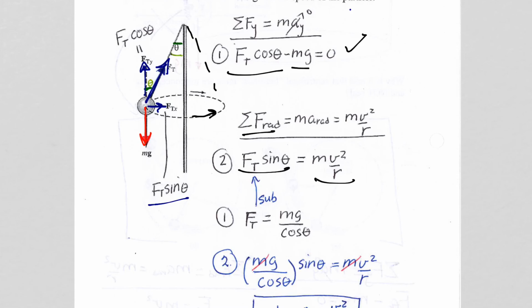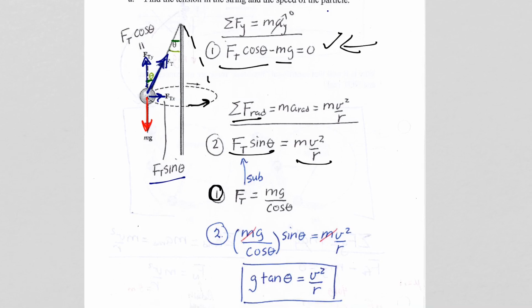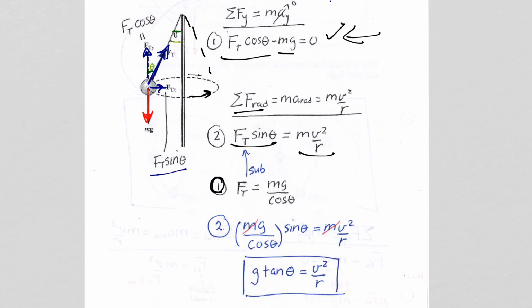So to look at how we would analyze this system in terms of the parameters for designing a tetherball type of system, we are going to take equation 1, solve it for tension, so we get T equals mg divided by cosine theta, and substitute that into equation 2, as I have shown here.